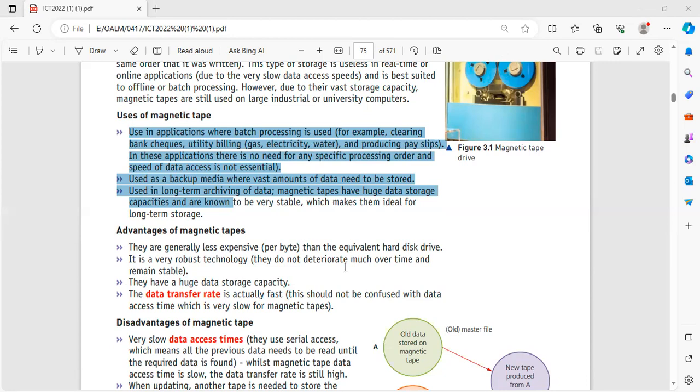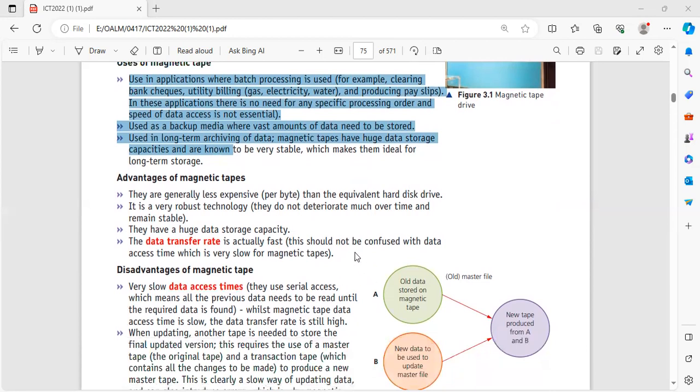Yes, have you gone through? Sir, what is batch processing?